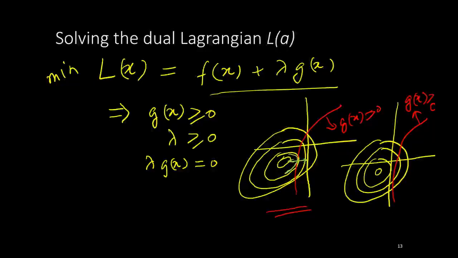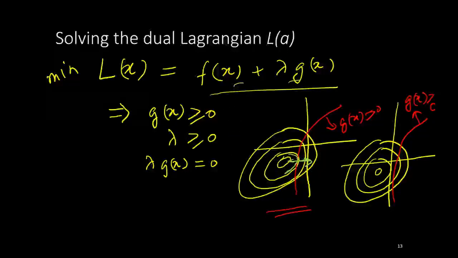They will be aligned, both in one direction. If we go in this direction, both of them will have the maximum increase. So if we add them using a constant, we can put the joint gradient equal to 0. And because the two have to cancel each other out, lambda will not be 0, and g(x) will be equal to 0.